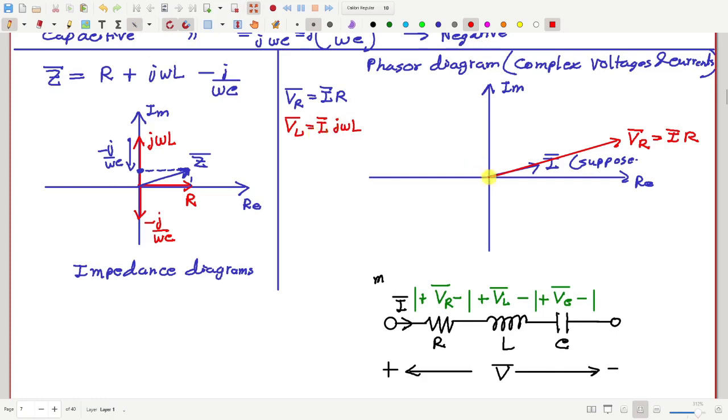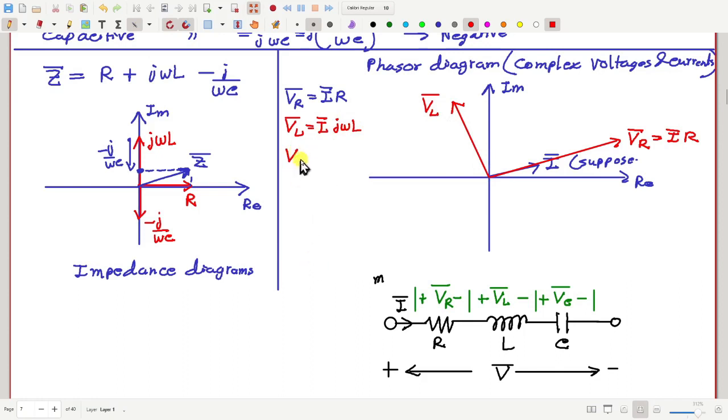So that will be possibly here somewhere. This is VL bar. The length should be proportional to the product of I bar and omega L.